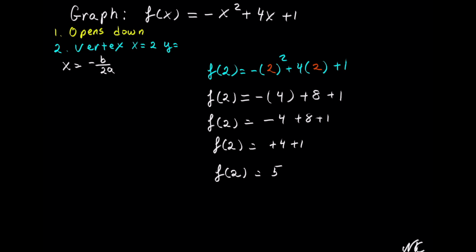This means that the y-coordinate of the vertex is 5, and the point itself is at (2, 5).